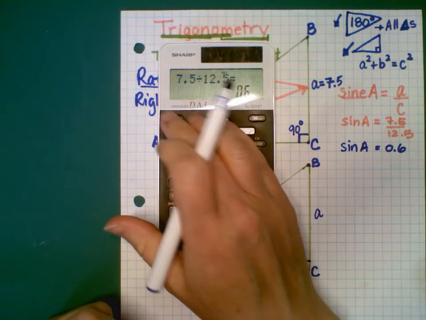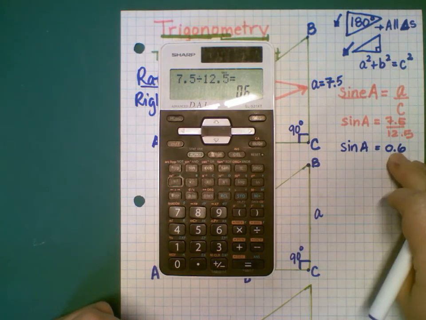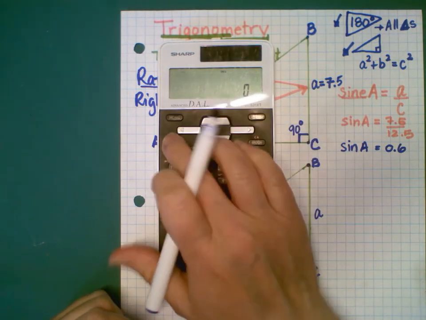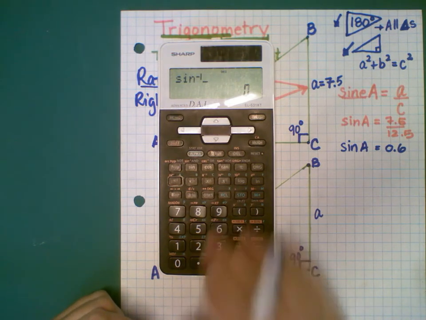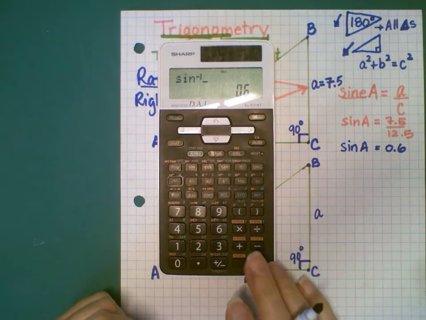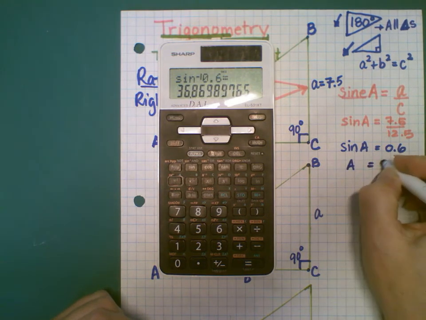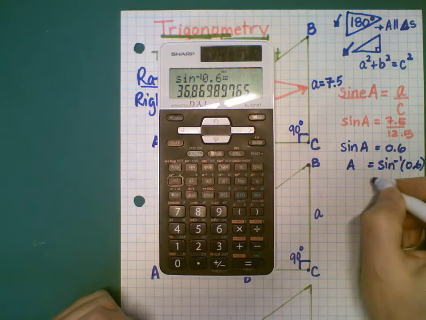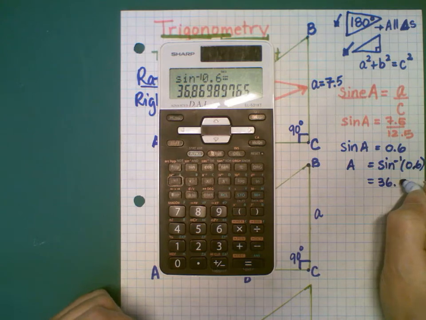So I'm going to get the calculator to look into that table and seek the angle measure that's associated with the 0.6. I do that by saying second function sine of 0.6 and it tells me it's 36 point, I'll round that to 87.